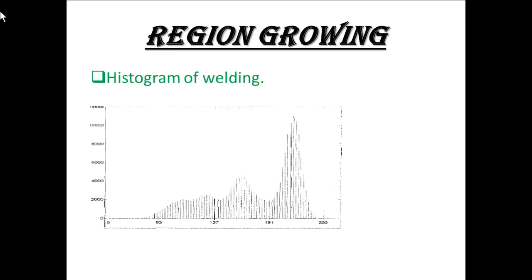Between 191 and 255 we got the highest peak, which goes near about 11,000, lying in the range of 10,000 and 12,000 on the left side of the graph. The minima of that histogram is lying between 127 and 191.